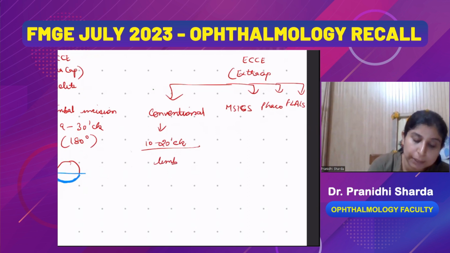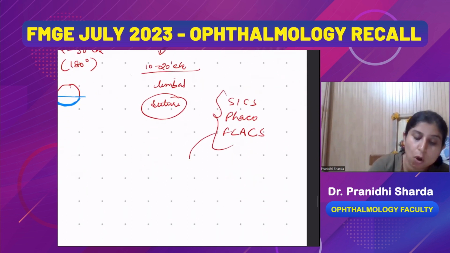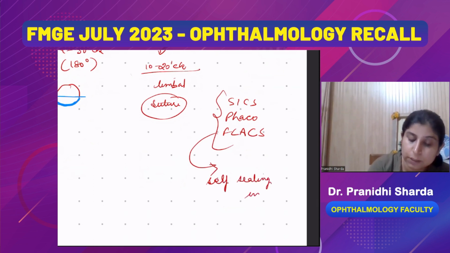Again, it was a limbal incision. So again, we have to suture it. While the rest of these, SICS surgery, phacoemulsification surgery, and femtolaser assisted cataract surgery, they all are self-sealing incisions.